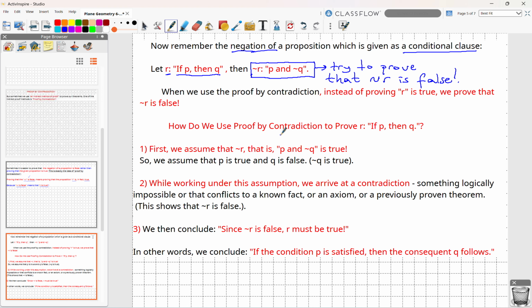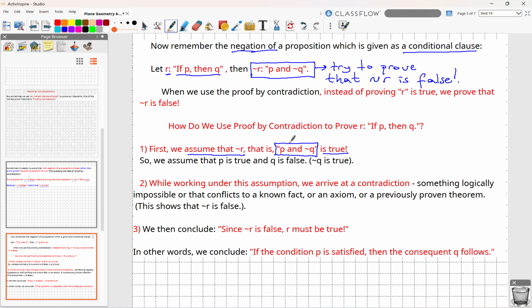Okay, so how do we do it by proof by contradiction method? We actually have three simple steps. In our first step, we assume that negation of R is true. What we need to prove is negation of R is false, but in the beginning we just assume that negation of R is true. Remember, negation of R is P and not Q. So we assume that P and not Q is true.